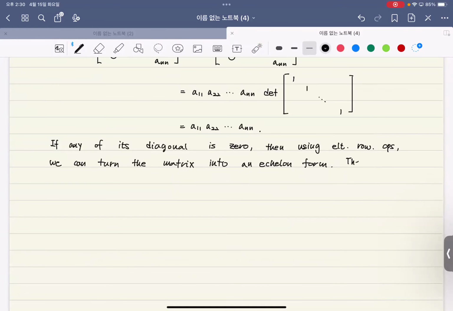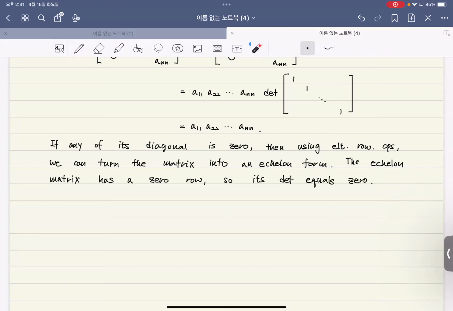So the echelon matrix has a 0 row, so its determinant is 0.